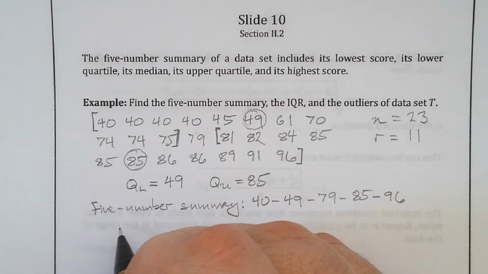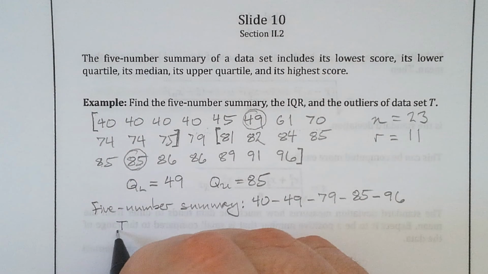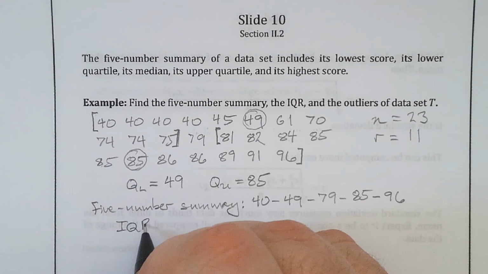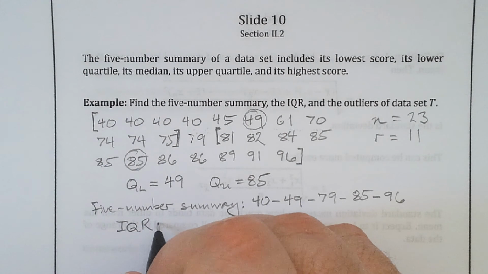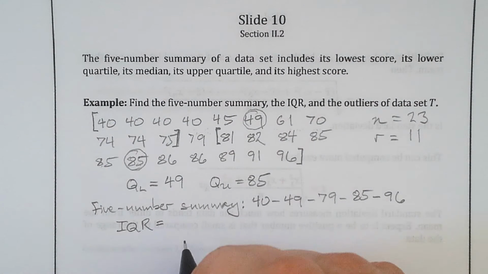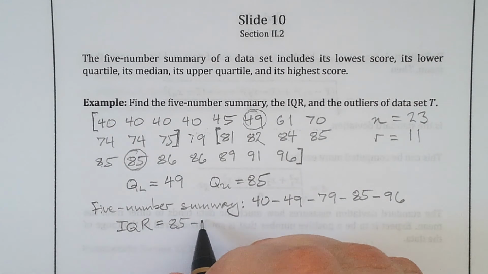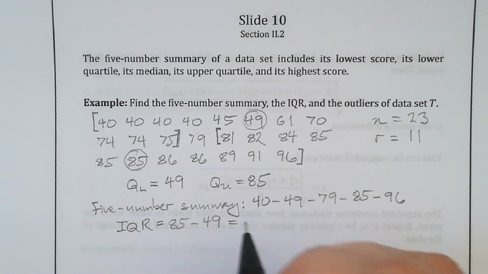Okay, the IQR is 85 minus 49, which is 36.